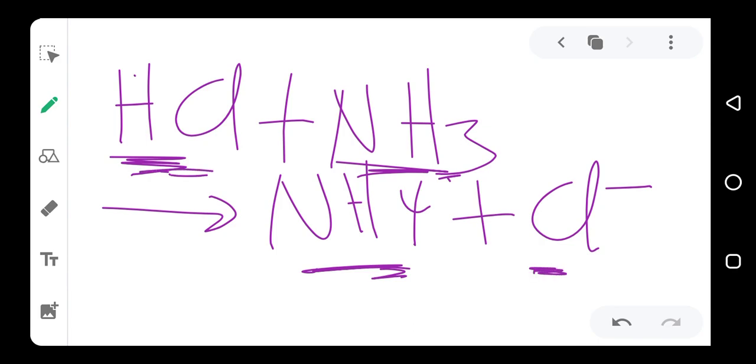So this ammonium is from a base, so it is a conjugate acid. Ammonium is a conjugate acid here, while chlorine ion is a conjugate base because it is from an acid.